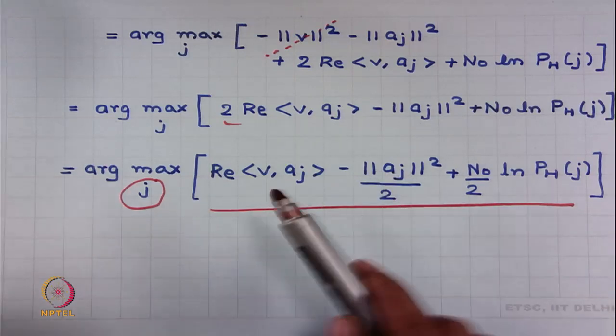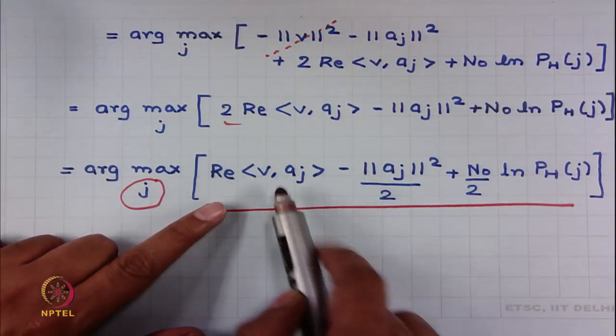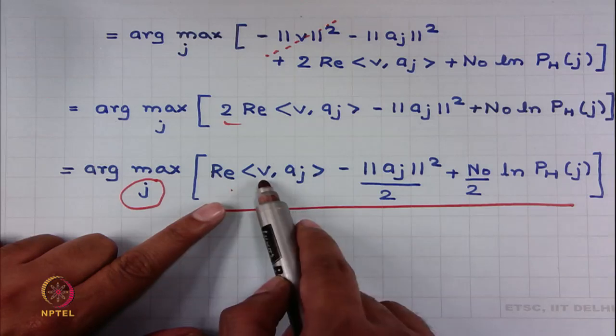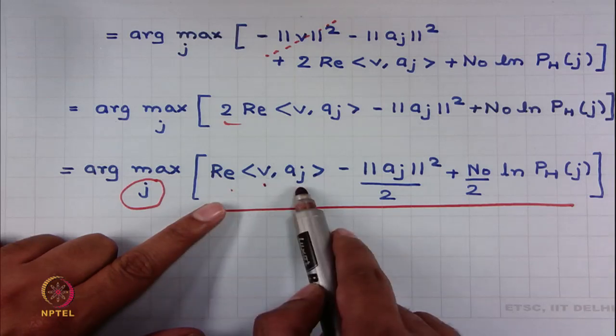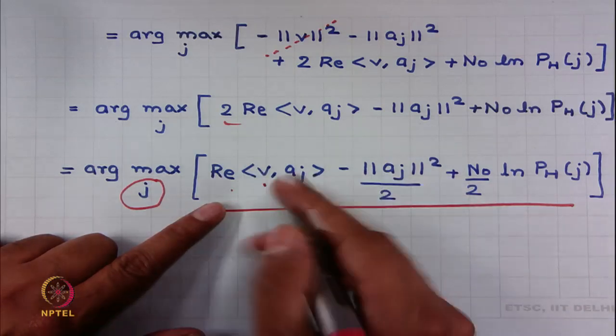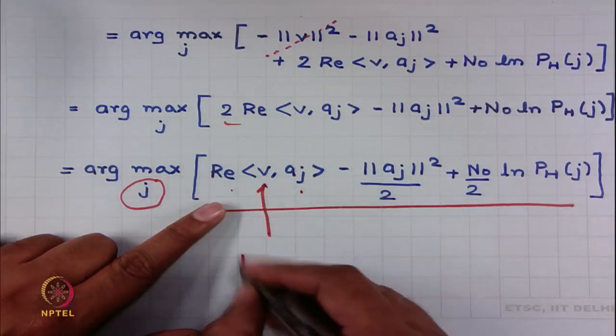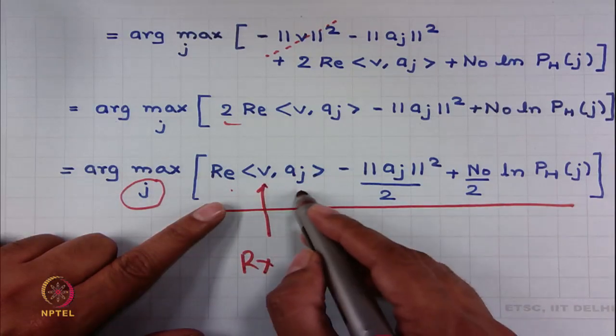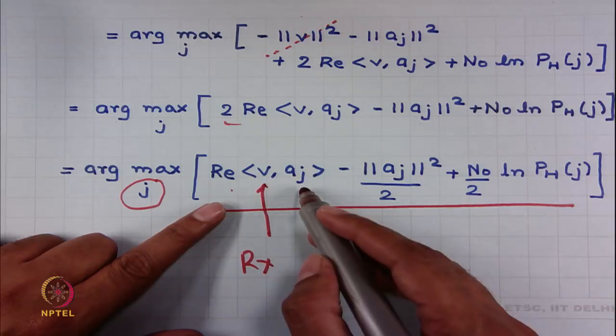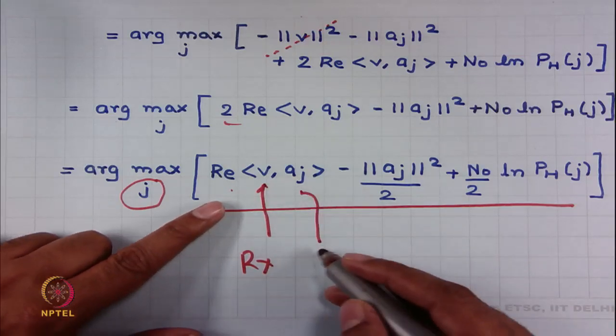First let us see what terms we have. First we have the real part of the inner product of V with Aj. V is the received vector, Aj is one of the possible transmitted vectors.